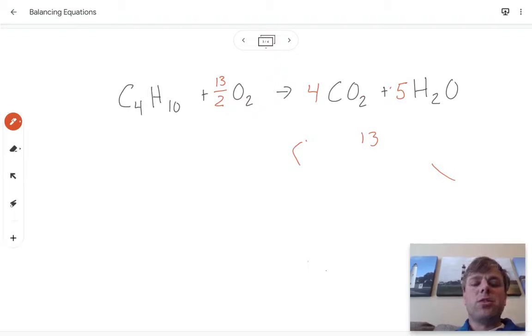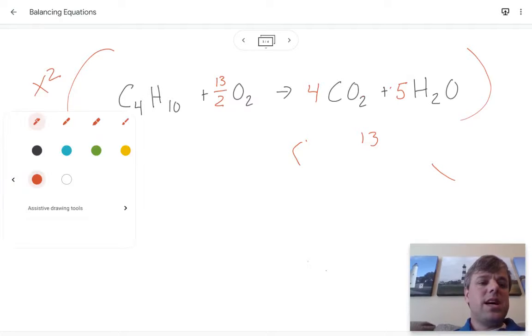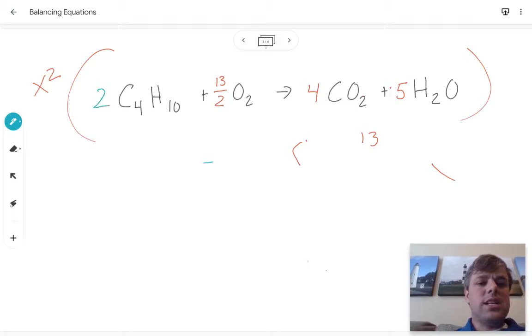So in order to simplify this, fractions are no good here. So what we're going to want to do is multiply everything in here times 2. And so when we do that, we're going to get a 2 right here, this 13 halves times 2 will magically become 13.